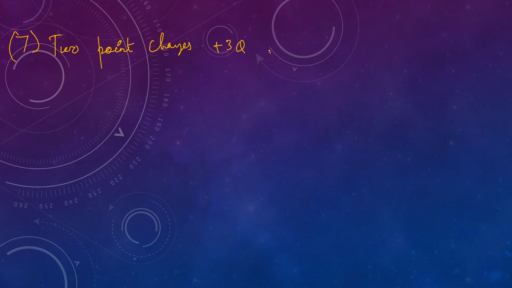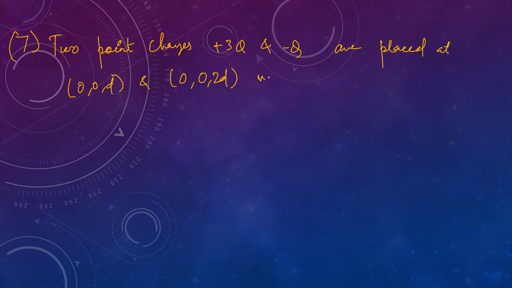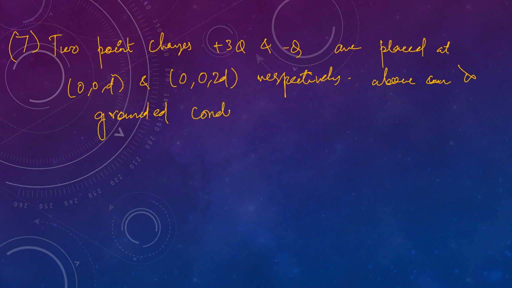Two point charges, plus 3q and minus q, are placed at (0, 0, d) and (0, 0, 2d) respectively, above an infinite grounded conducting plane sheet kept in the xy plane.